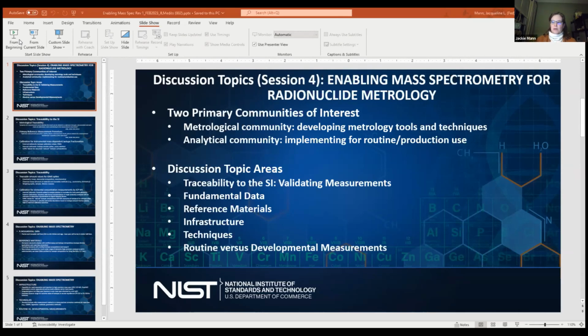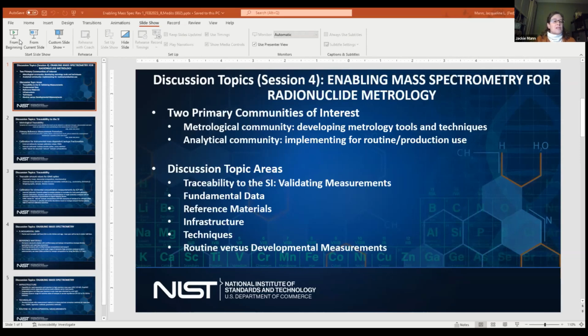There's sample standard bracketing with an internal standard. There are regression techniques. There's now a K-factor, or what I call the Avogadro approach, that PTB has been instrumental in. And then there's the final topic area of routine versus developmental measurements. Different things are going to be needed for things like that.